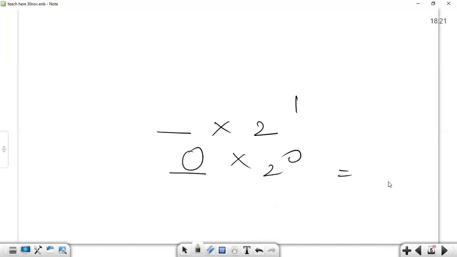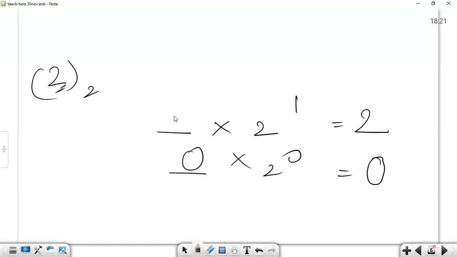We have multiplied 0 here because the number we have to represent in binary is even. That's why we have taken 0 here. And now what should I multiply here to get the remaining, which is 2? What should I multiply here?